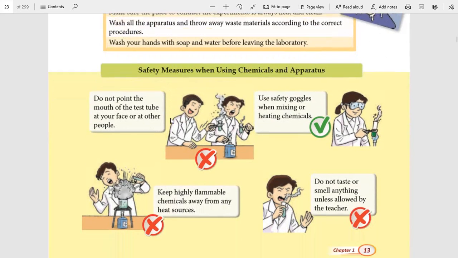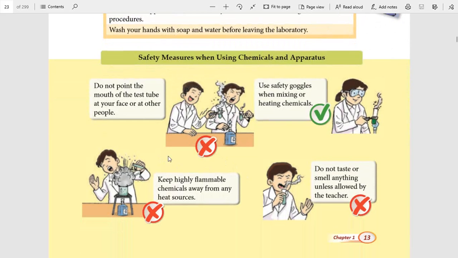For example, this boy is pointing the mouth of the test tube at his friend. This one is not allowed. This girl uses safety goggles. Good, this one is the correct step.